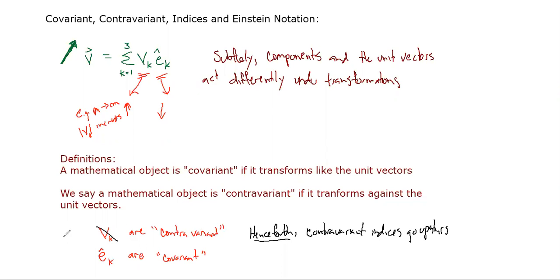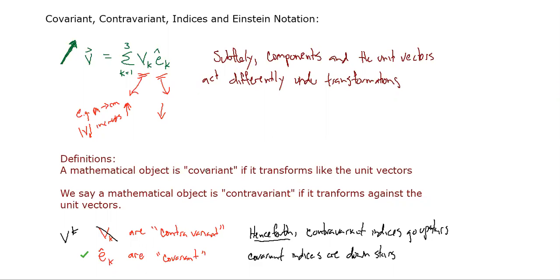So this is no longer the right way of writing this vector. We now write it v up k. So these are the components, and covariant indices are downstairs. As my first GR professor told me, he had trouble remembering this, so the mnemonic is co is low, that's all you need to know. So covariant goes downstairs.